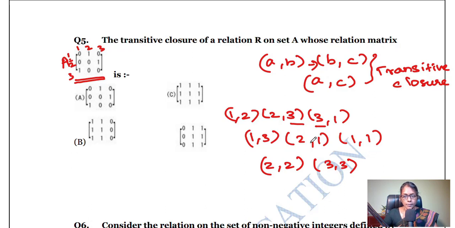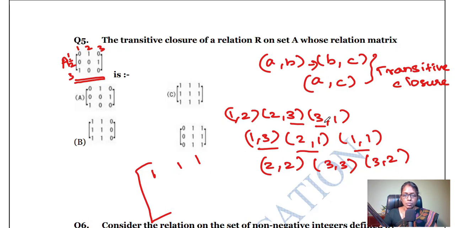Then (3,1) and (1,2), so you can write (3,2). So the list is (1,1), (1,2), (1,3), (2,1), (2,2), (2,3), (3,1), (3,2), (3,3). So the transitive closure is: (1,1) must be present, (1,2) must be present and (1,3) must be present.